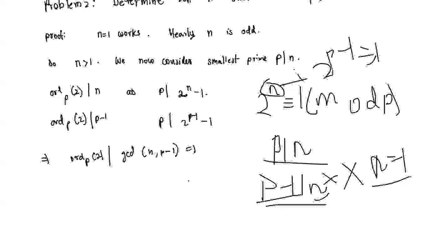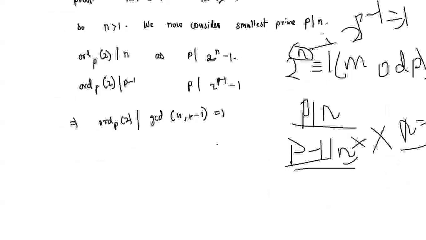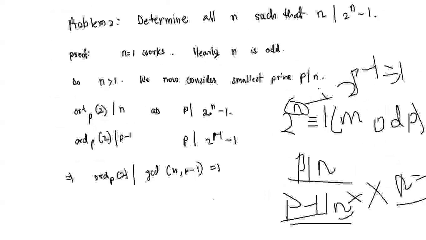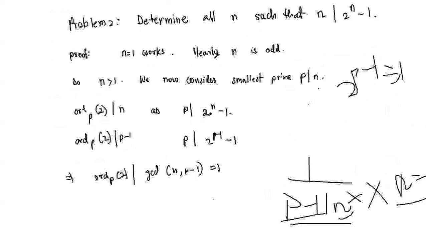Anyone else who has a doubt? I'm still confused in the second line, like 2 raised to p minus 1. You know that p divides that number because of Fermat's little theorem.